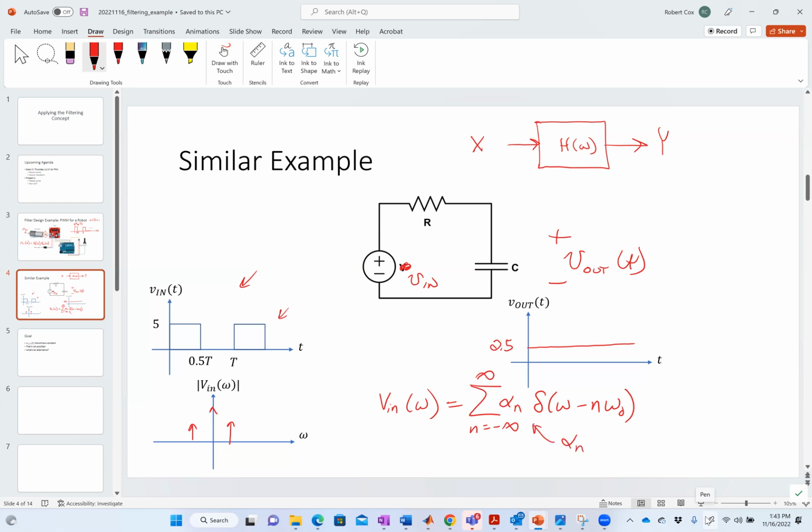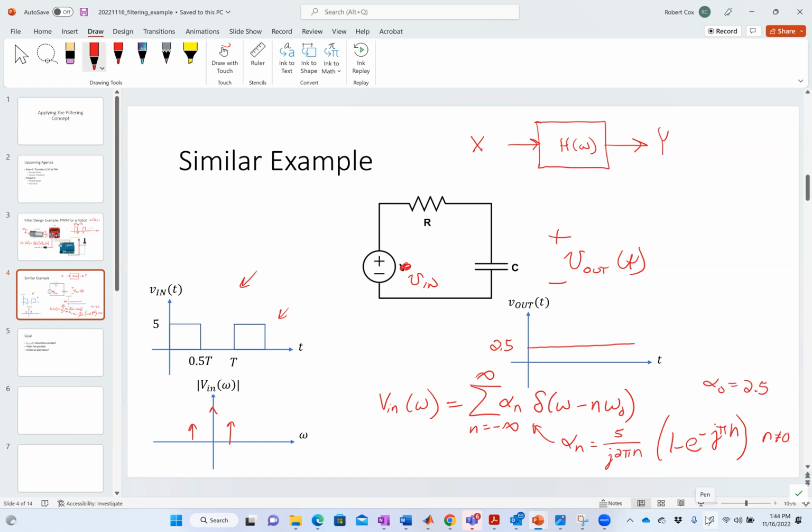The alpha n for this case is 5 over j 2 pi n times 1 minus e to the negative j pi n, for n not equal to 0. If n was equal to 0, alpha 0 worked out to be 2.5.